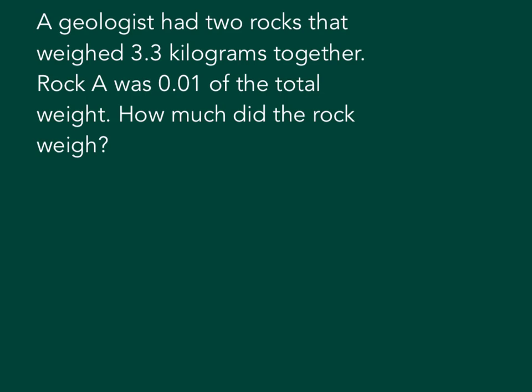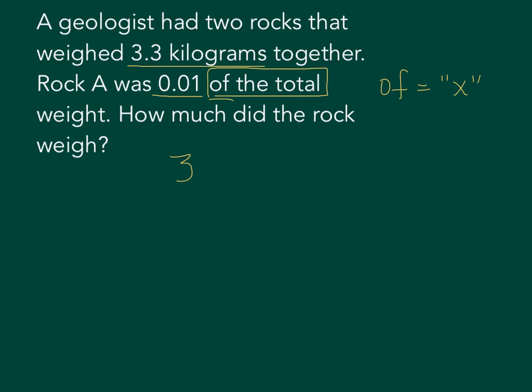A geologist had 2 rocks that weighed 3 3/10 kilograms together. Rock A was 1/100th of the total weight. There's that word of again. So of means we're going to take only a part. So we're going to multiply of the weight.